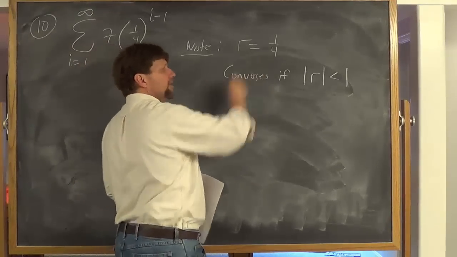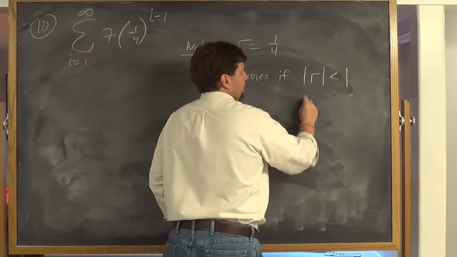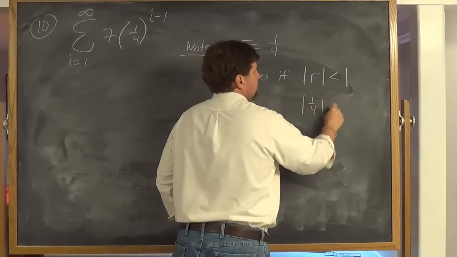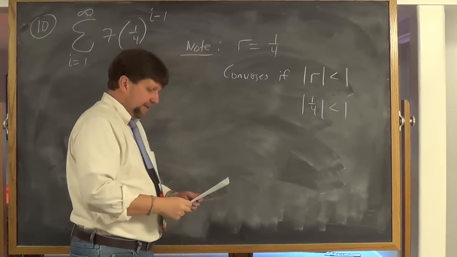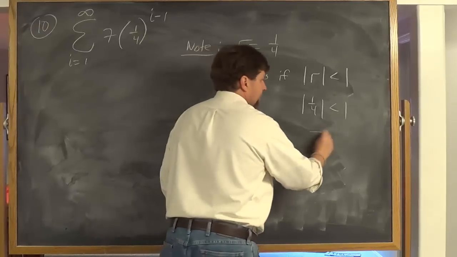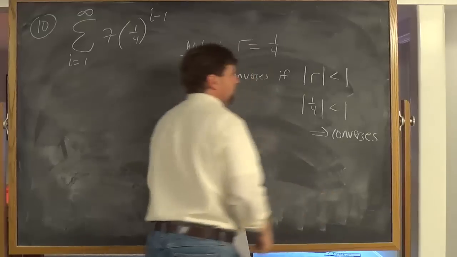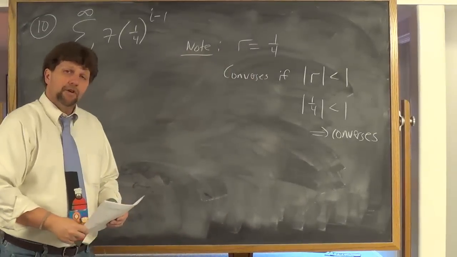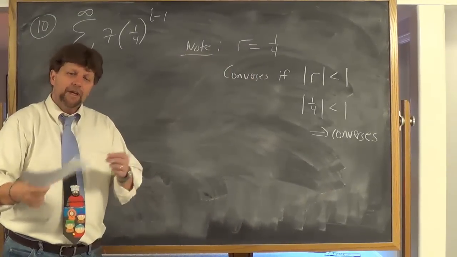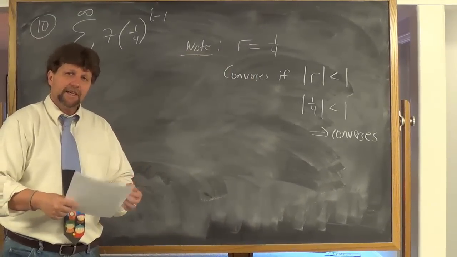Since we have r as 1/4, I know the absolute value of 1/4 is less than 1, so that tells me that yes, this infinite geometric series converges. Now that I know it converges, I'm going to find its sum.